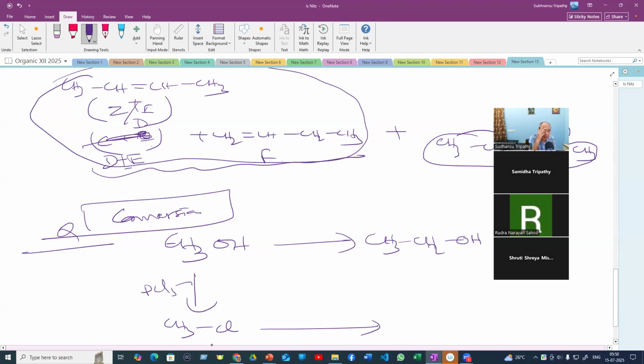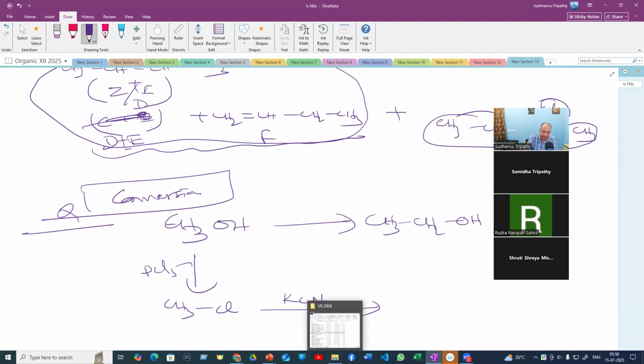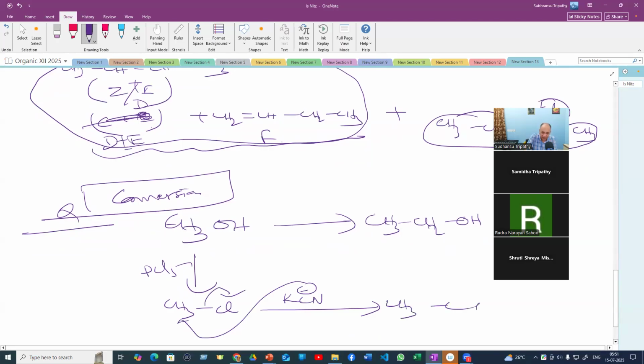We have not yet studied the carboxylic acid chapter, but in the preparation of alcohols, we have used them, how LAH can be used for aldehydes, ketones, carboxylic acids, and esters to bring alcohols. So, let us use alcoholic KCN, so that cyanide will be substituting chloride. So you get CH3CN. By that, one carbon is already enhanced.